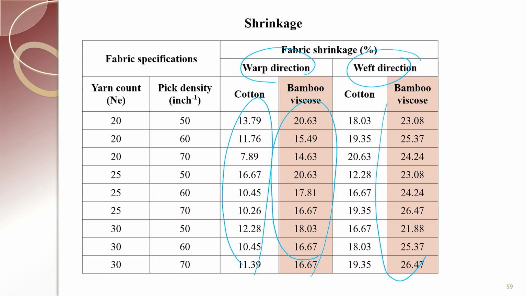In both the directions the shrinkages are very high in case of bamboo viscose. That means, there is something to do with the pore structure changes.